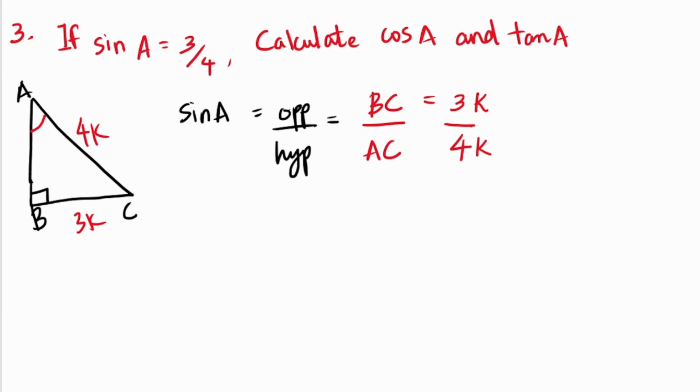Now we need to find AB, which is the adjacent side. In order to find cos A and tan A, you need to find the adjacent side, right?